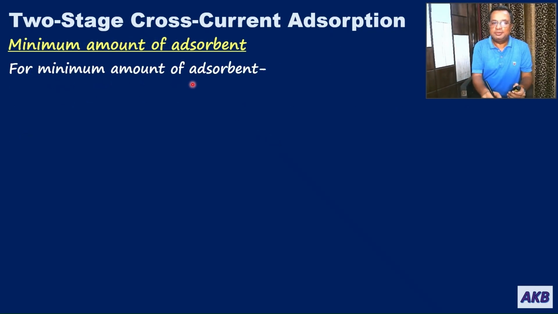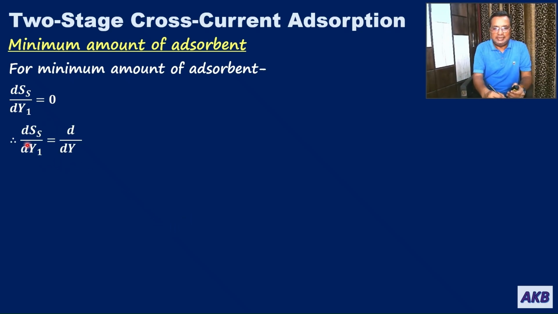Now for minimum adsorbent, minimum amount of adsorbent, the differential of the equation for SS with respect to capital Y1 is 0. That is, dSS by d capital Y1 is equal to 0. Now let us differentiate the equation for SS. So dSS by dY1 will be equal to d by dY1 of the equation for SS.